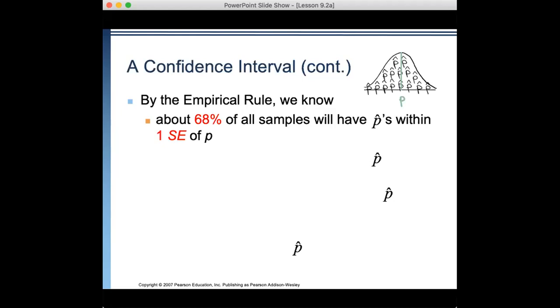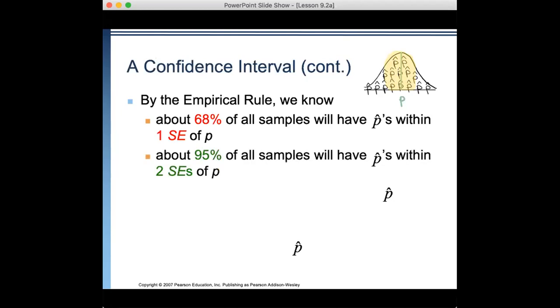Let me highlight that so you can imagine what I am imagining. So 68%, right around this middle area. Let's say that is one standard error above and below. That shaded area will be captured, 68% of all the p hats will be in that shaded region.